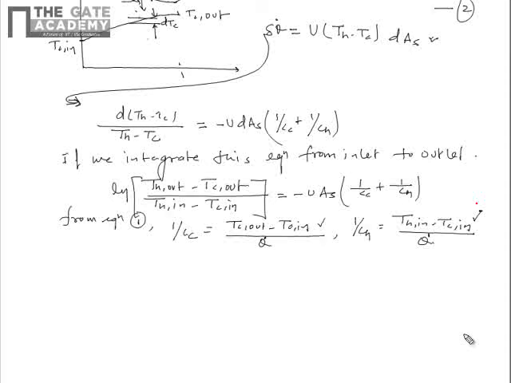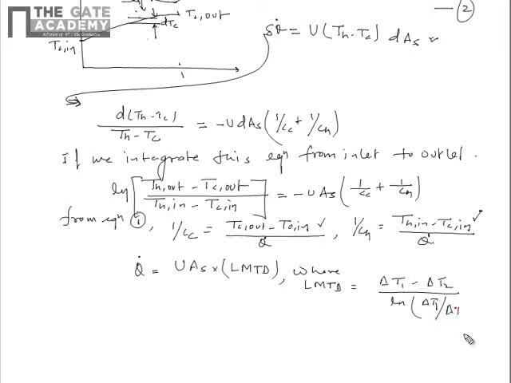So if we substitute this in the above equation, we will get Q dot is equal to UAs into LMTD, where LMTD is equal to (delta T1 minus delta T2) upon ln of (delta T1 upon delta T2).